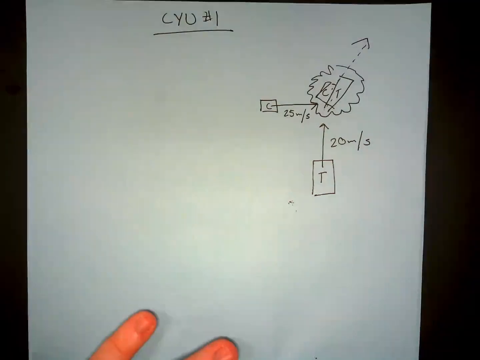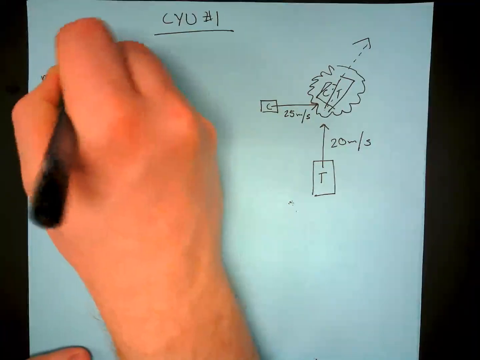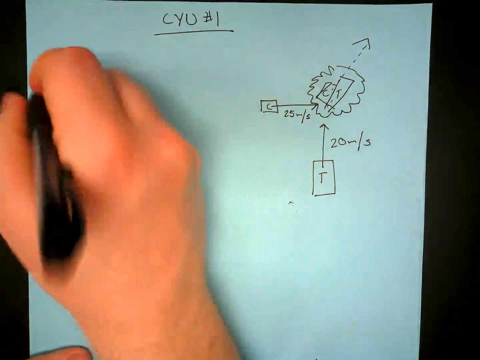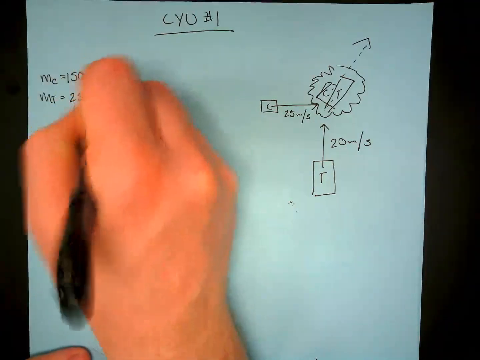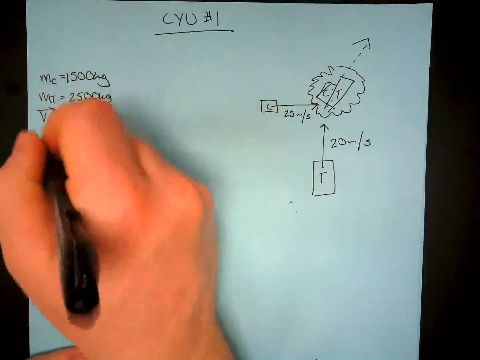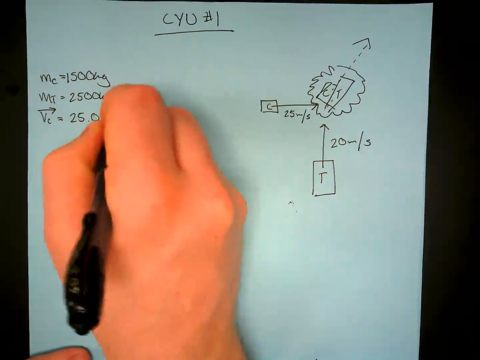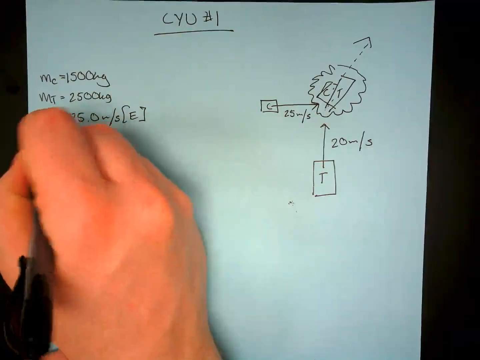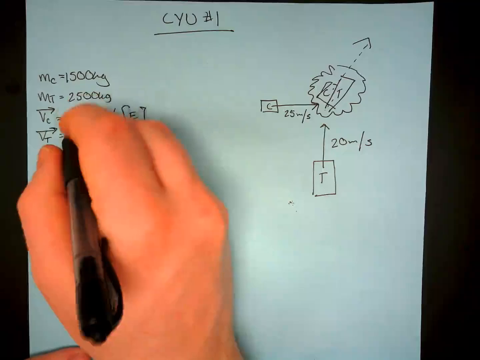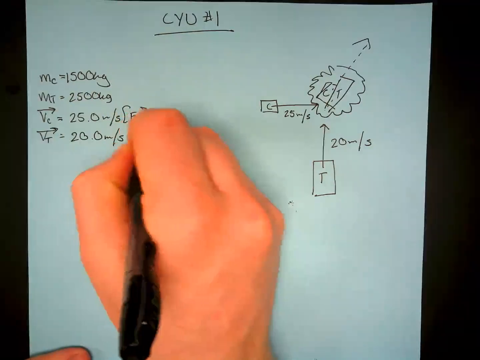So let's write down what we know and what we don't know. The mass of the car is 1,500 kilograms. The mass of the truck is 2,500 kilograms. The initial velocity of the car is 25.0 meters per second to the east, and the initial velocity of the truck is 20 meters per second to the north.